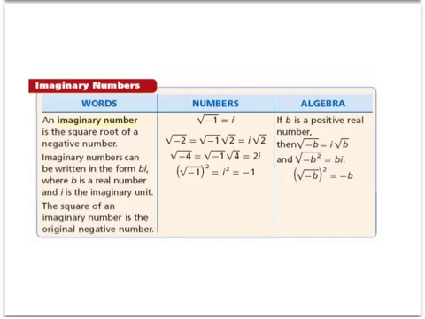The square of an imaginary number is the original negative number. So, i equals the square root of negative 1. If we have the square root, let's say, of negative 9, we would write that as 3i. That's the bi that you're seeing.